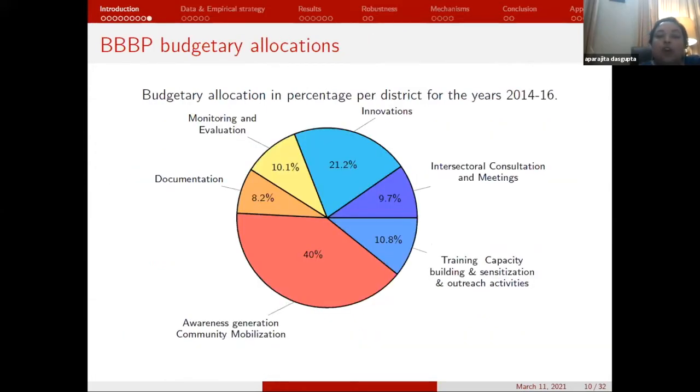In terms of thinking about how the various activities were budgeted, you could see that a chunk of the budget was allocated to awareness generation, community mobilization, and there were other components like training and capacity building, innovations which involved celebrating the birth of a girl child, and so on.